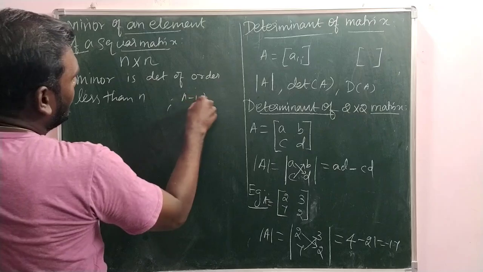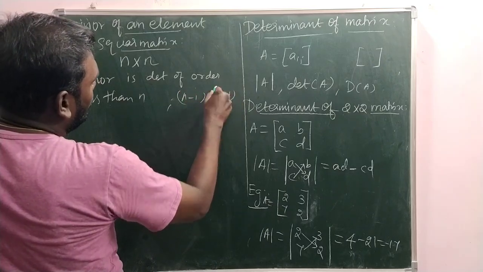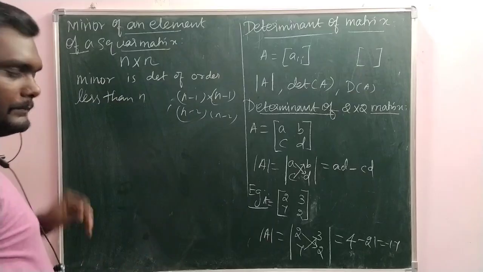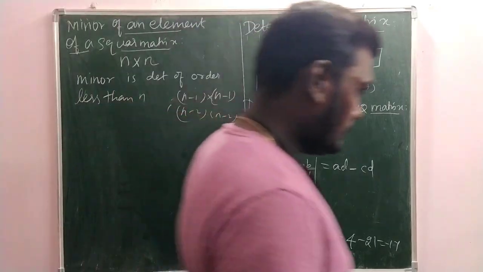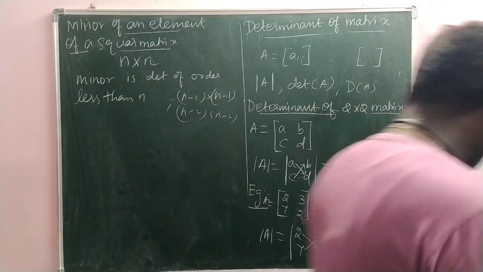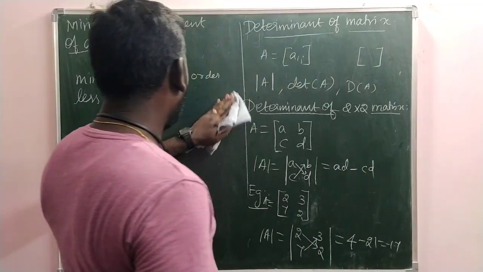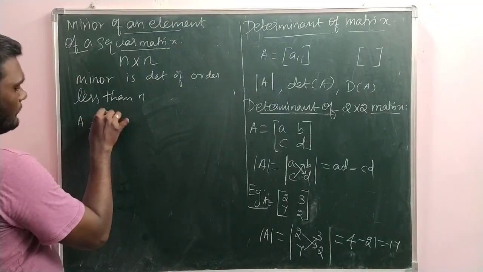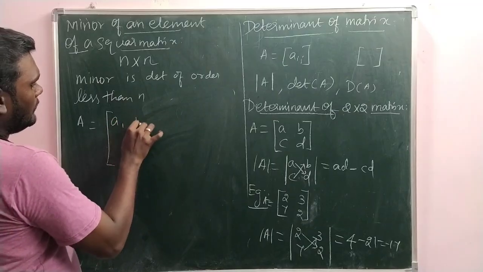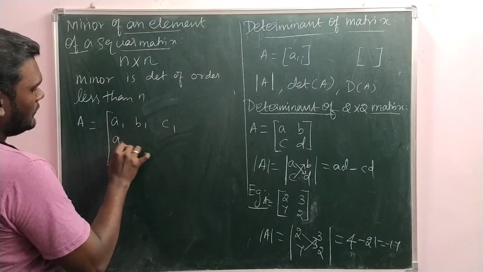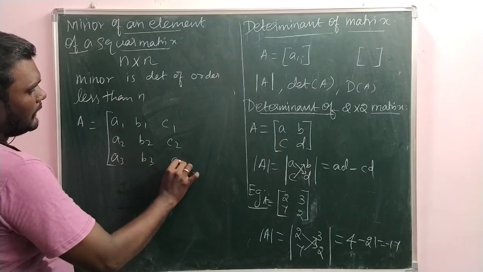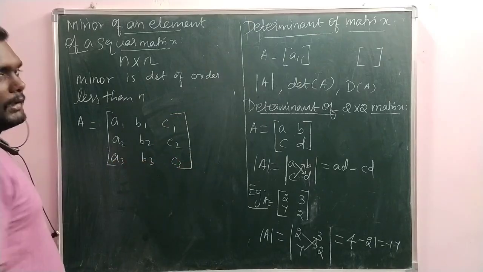It can be n minus 1 by n minus 1, or n minus 2 by n minus 2. We'll see only for a 3 by 3 matrix. So let us take this 3 by 3 matrix, A1 B1 C1, A2 B2 C2, A3 B3 C3.